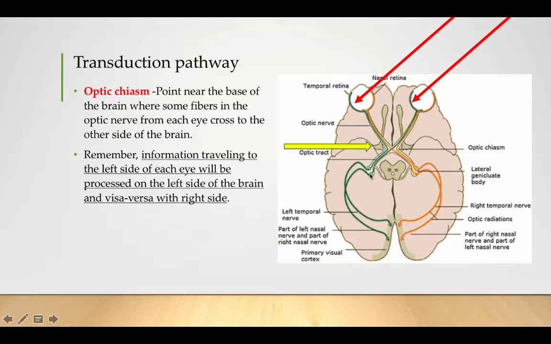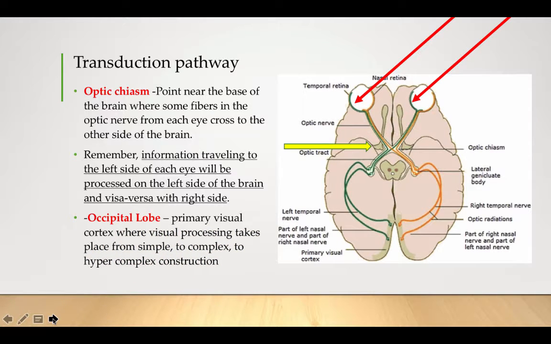Now it travels directly to a part of the thalamus called the lateral geniculate nucleus, the LGN. The thalamus relays information from our senses except smell, and it is going to travel to the occipital lobe for primary visual processing. And that is located in the back of the brain. That's where we construct our visual scene so we can detect and perceive it.